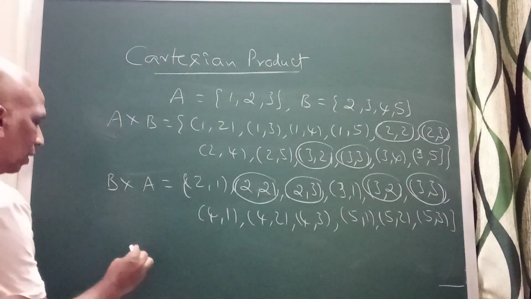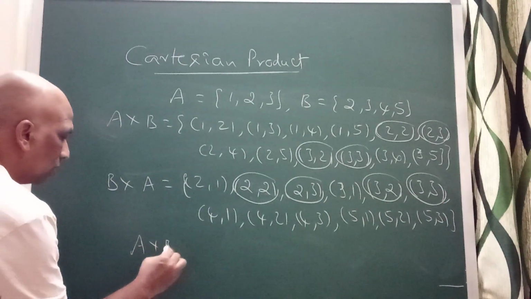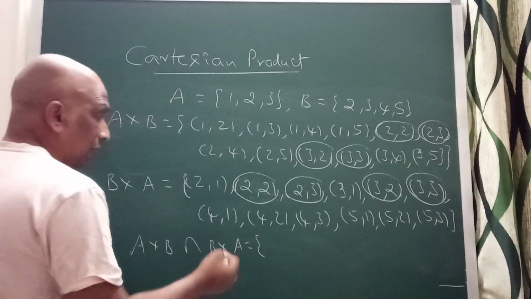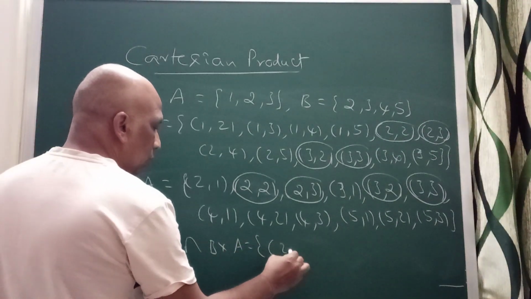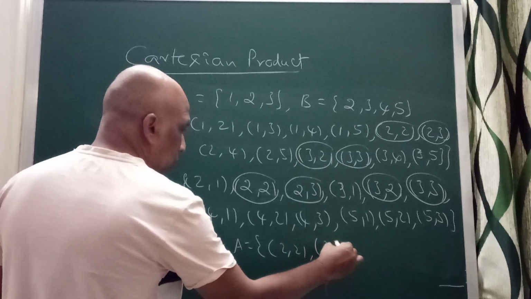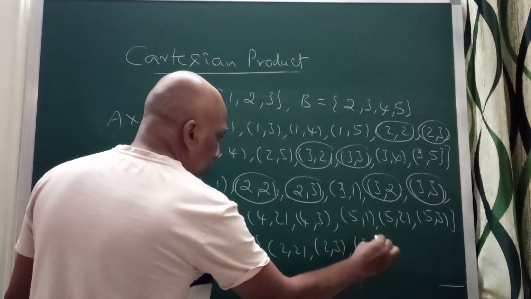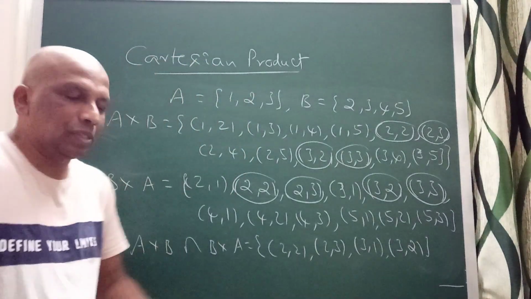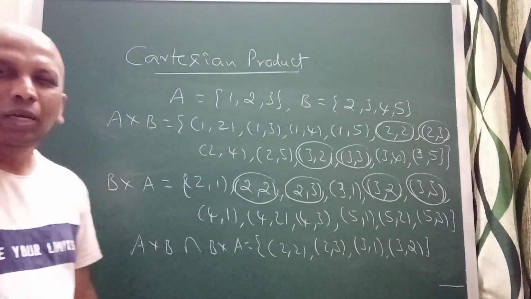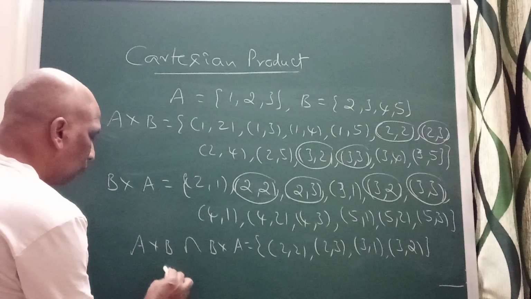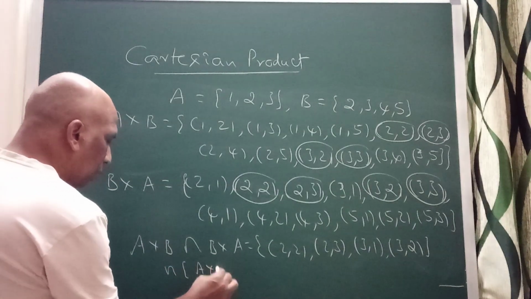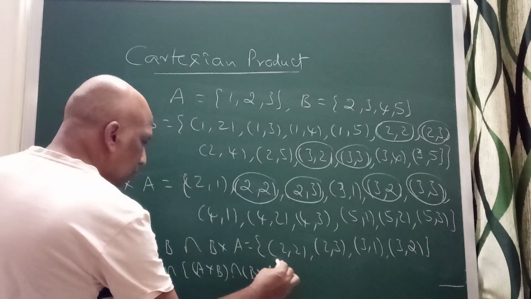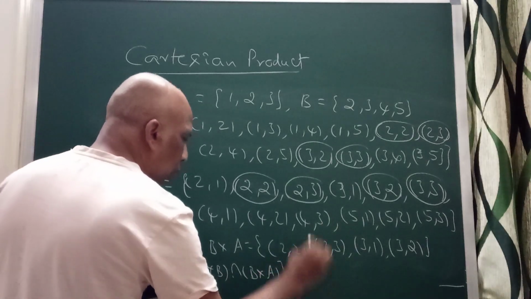That means I can write (A cross B) intersection (B cross A) equal to the intersection of these two: (2,2), (2,3), (3,2), (3,3). When I am talking about the number of this, n of (A cross B) intersection (B cross A), you will get 4.